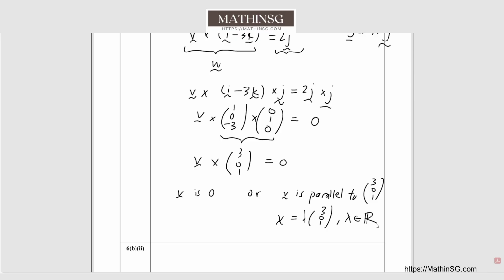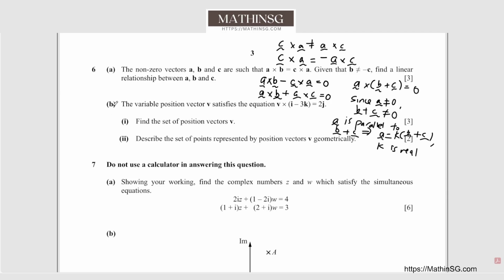So this is the set of position vectors for v. v can be anything equal to lambda times 3, 0, 1, where lambda is a real value. Lambda can be 1, lambda can be 6, and so on. So that's for part B1.